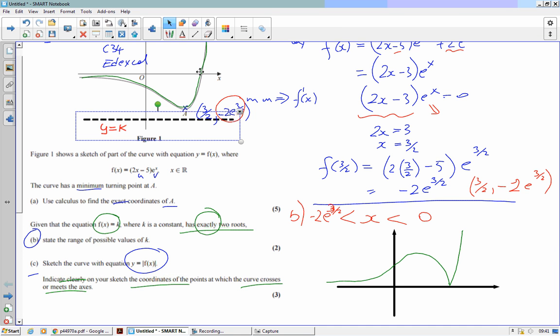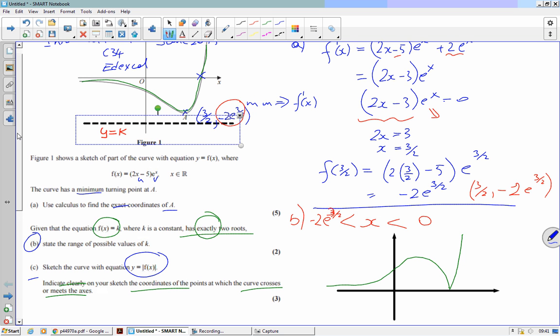Crosses or meets. Right, so it meets the x-axis at this point. Now at this point here, it's the actual solution to f(x) equals 0. And we're looking at this equation, this bit being equal to 0 there. That's 5 over 2. And for this point here, we're looking for the point when x is equal to 0.